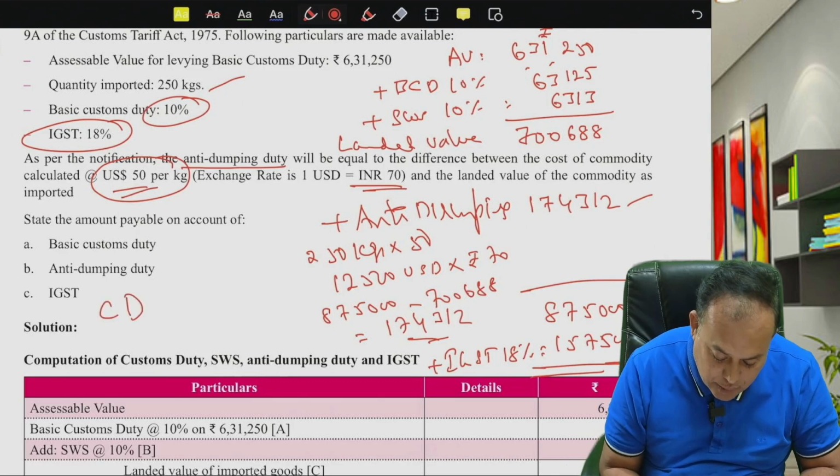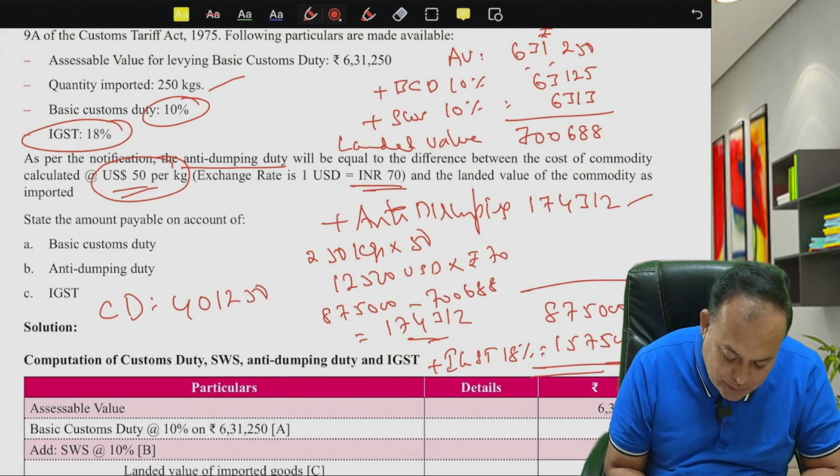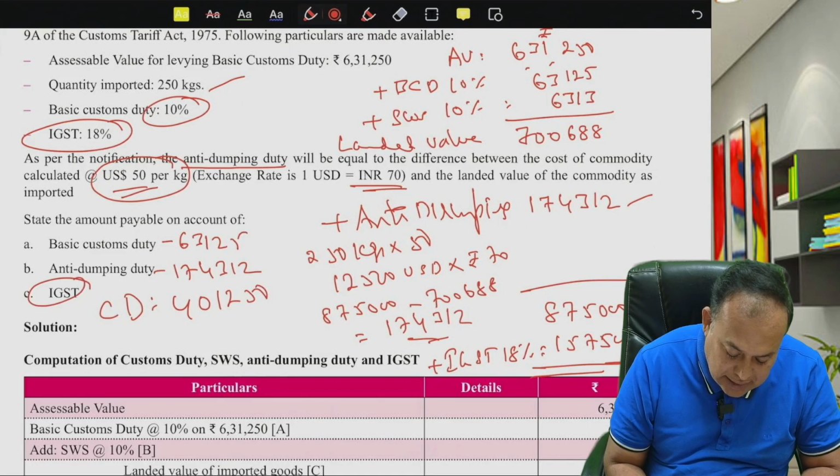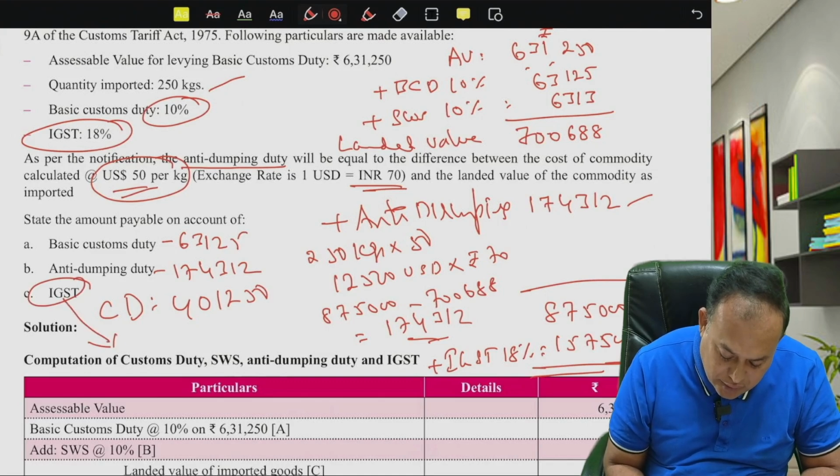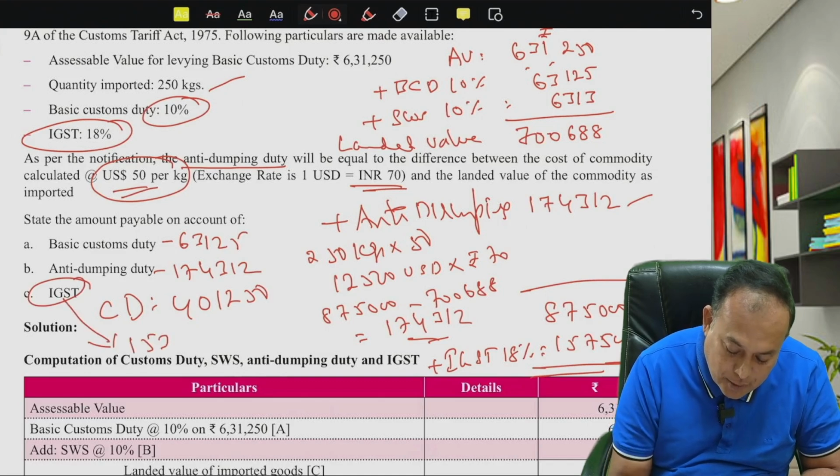Total custom duty is equal to 4,01,250. So basic custom duty we know 63,125. Anti-dumping we came to know 1,74,312. The IGST we also worked out, 1,57,500.